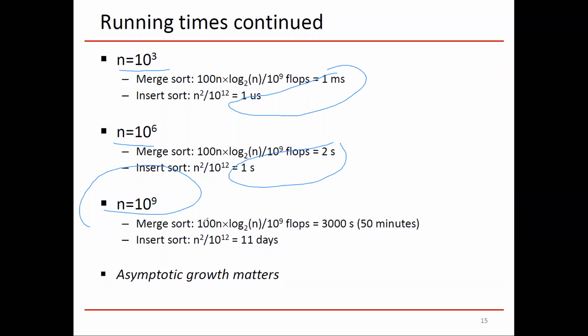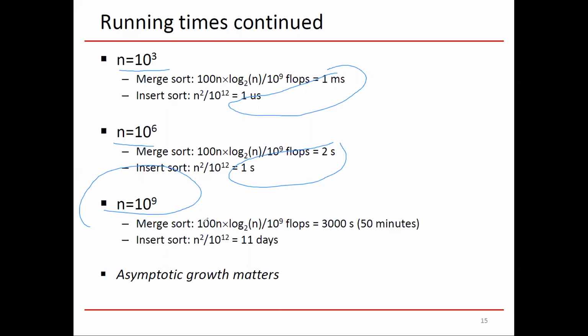Log base 2 of a billion is approximately 30. 100 times 30 is 3,000. 3,000 times a billion is 3 trillion. And 3 trillion divided by a billion instructions per second is 3,000 seconds, 50 minutes. It's manageable. You're running it on a normal computer, you have a bad programmer, it runs in less than an hour. It's okay.